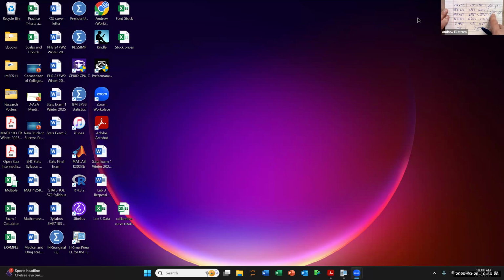Cube root of 27 is 3, cube root of 8 is 2. So this will become 2/3. So cube root of 27 is 3. And then we still have the cube root of 3 left over.